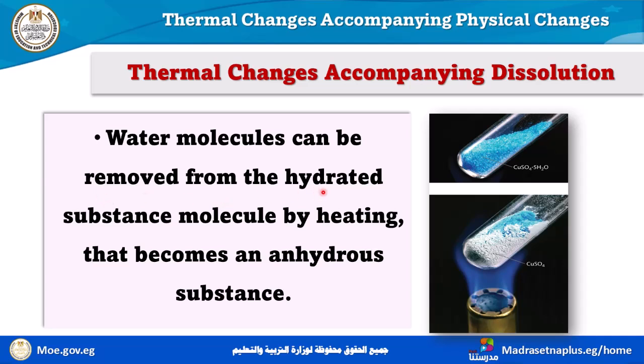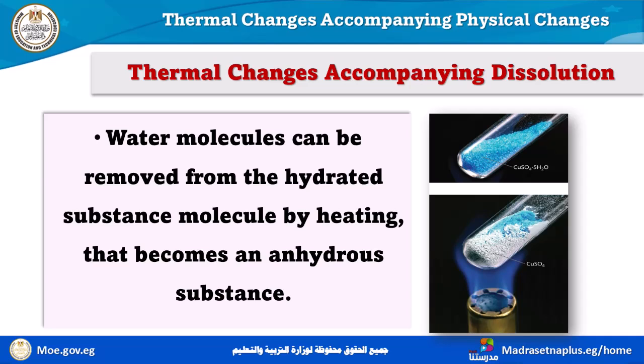Water molecules can be removed from the hydrated substance molecule by heating. When we heat the hydrated substance, it converts to the anhydrous substance because water molecules can be removed and evaporated from the hydrated substance by heating it.